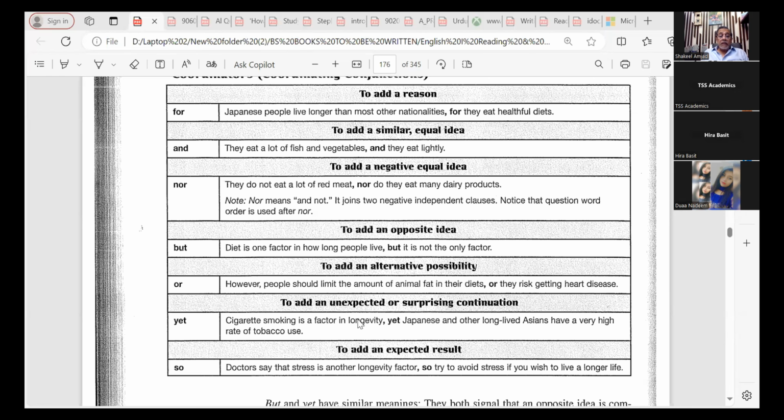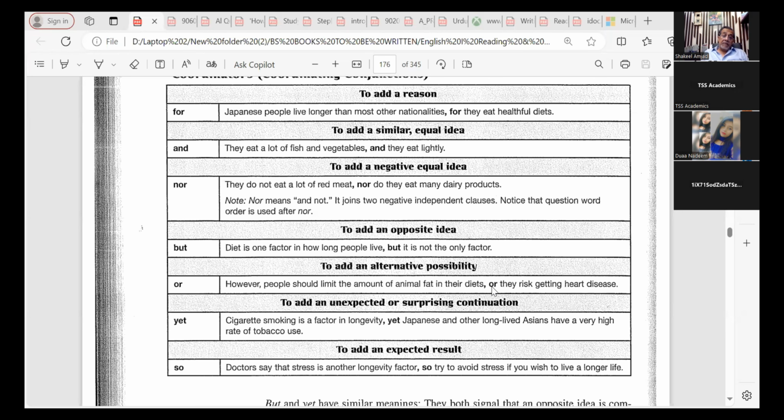So these are the types of clauses which are independent clauses, which are joined by coordinating conjunctions, and these coordinating conjunctions are joined by a comma, right? The next, second clause is either the reason, or an equal idea, or a negative idea, or an opposite idea, or an alternative possibility, or a surprising continuation, one of the seven.